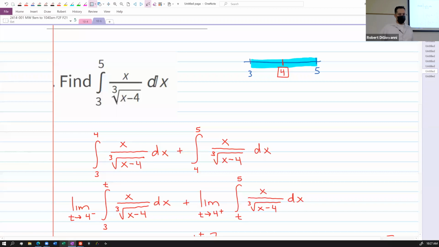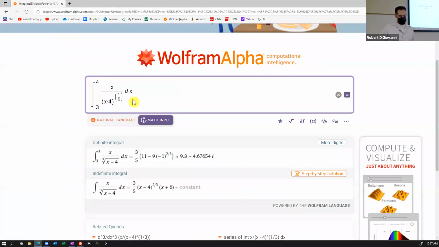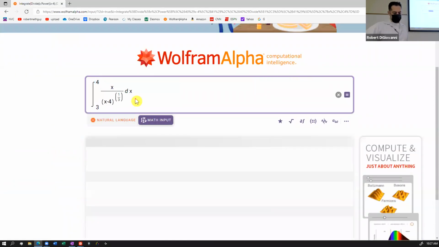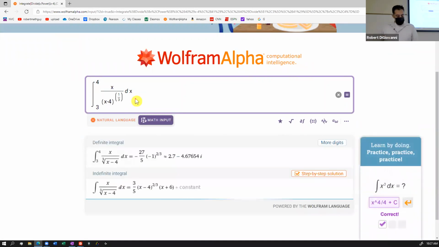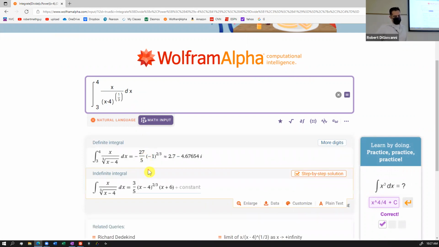Let's see what it does. Man, it's really having trouble. What's 3/5 minus 6? No, as a fraction. Negative 27/5, right? Y'all agree?